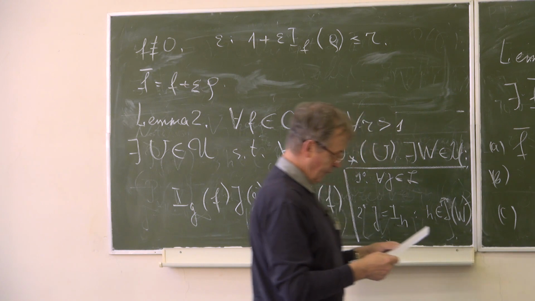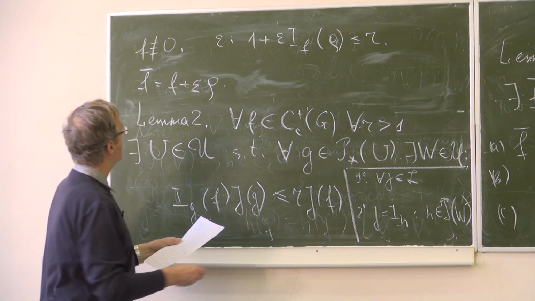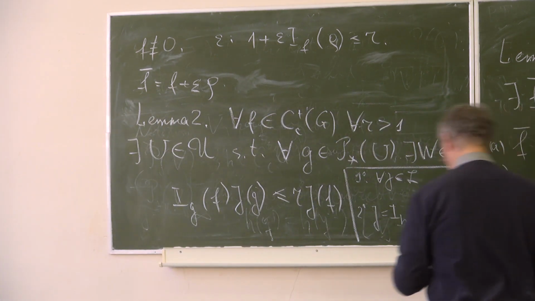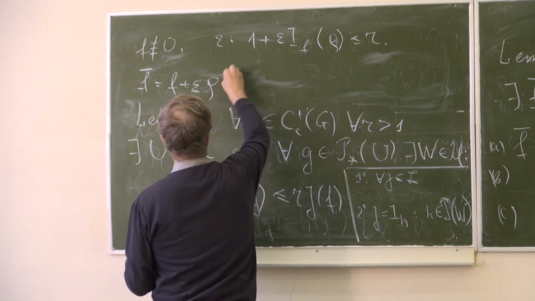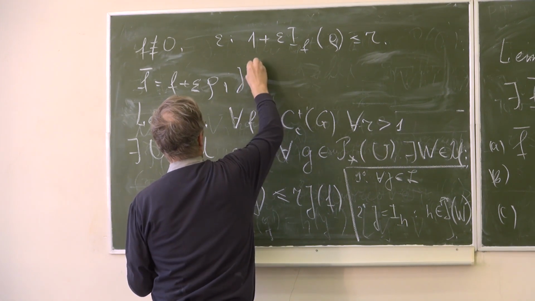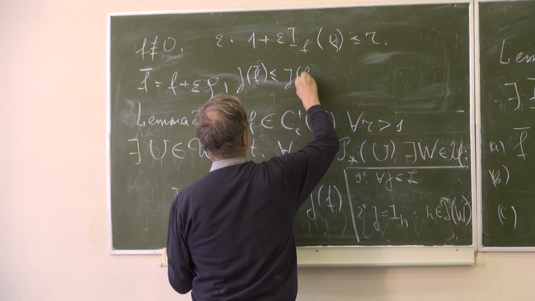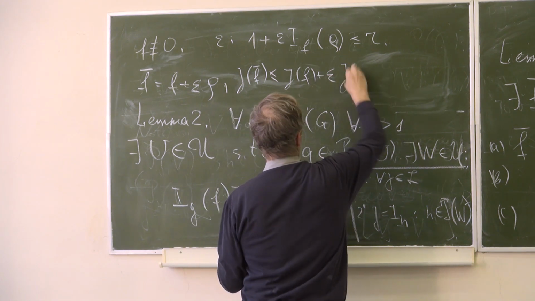Okay. Then what else? Our functional j is subadditive and homogeneous, so j of f bar is less than or equal to j of f plus epsilon j of rho.